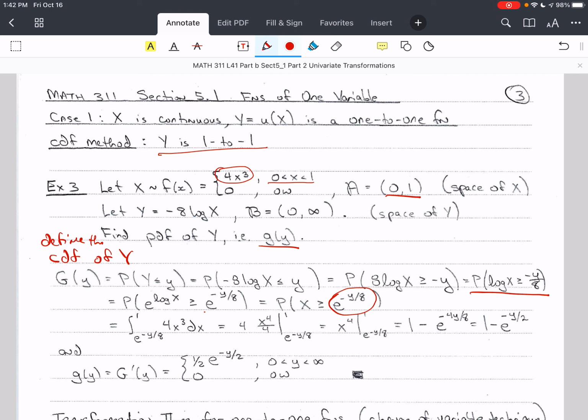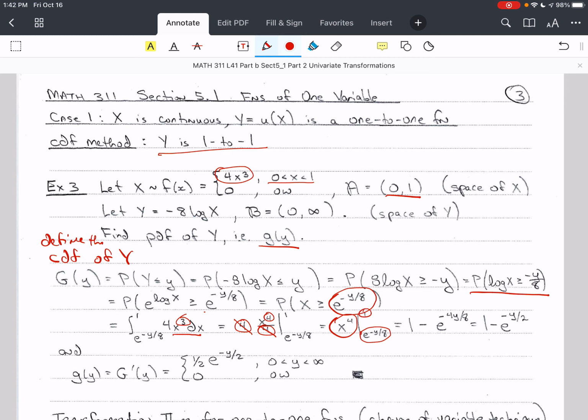And so when I integrate x cubed, I add 1 to the exponent, that makes it a 4, and then I divide by that exponent. So I'm dividing by 4, and so the 4 divided by 4 cancel, and I'm left with x to the 4th, and that goes from x equals e to the negative y over 8 up to 1.